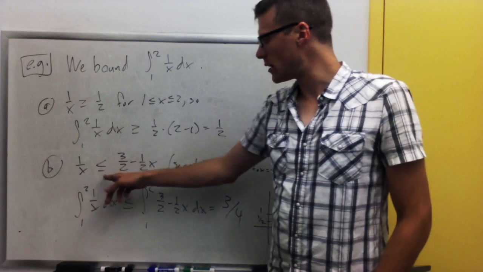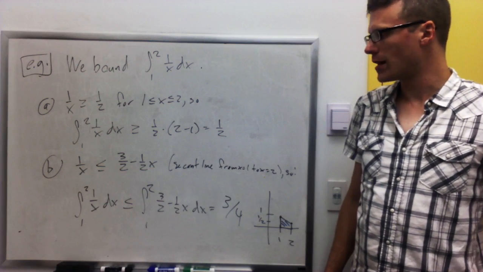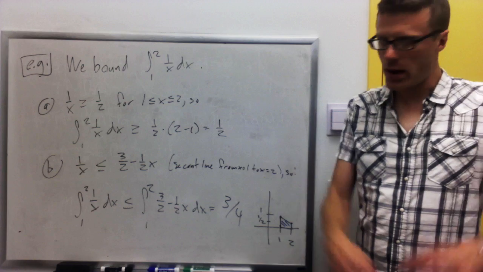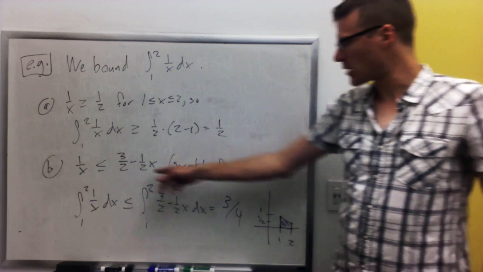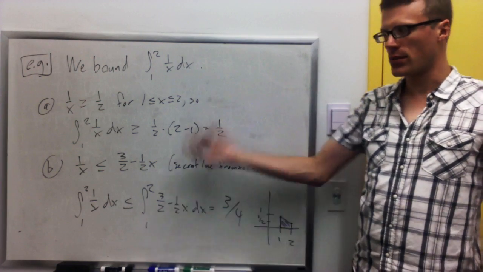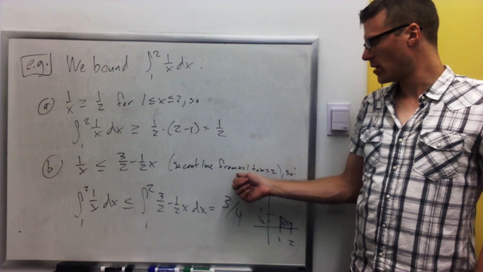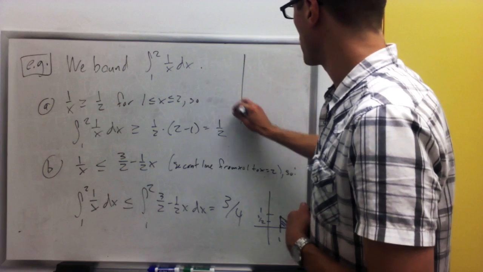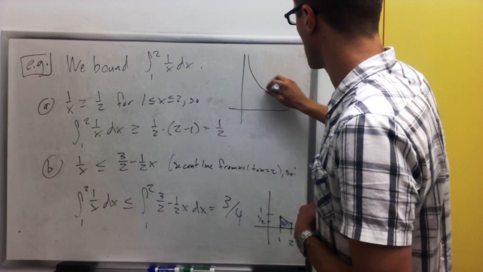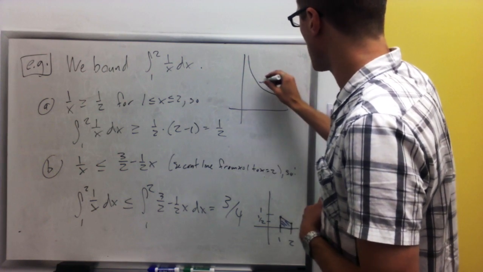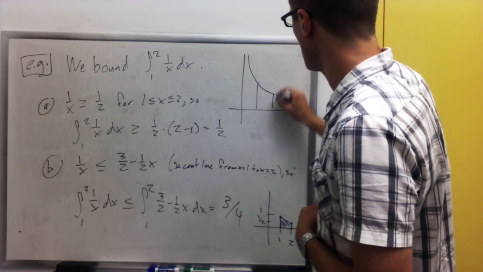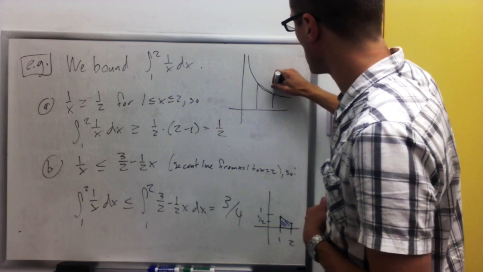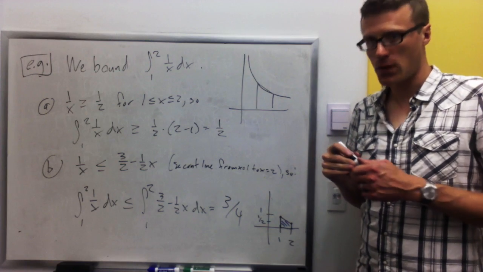However, 1 over x is less than or equal to 3/2 minus 1/2 x. Where did I pull this out of? Well, this is actually the secant line of this curve, y equal to 1 over x, from x equal to 1 to x equal to 2. Now, the thing about this function, 1 over x, is that it's concave up, and that actually implies that the secant line will always lie over the function.